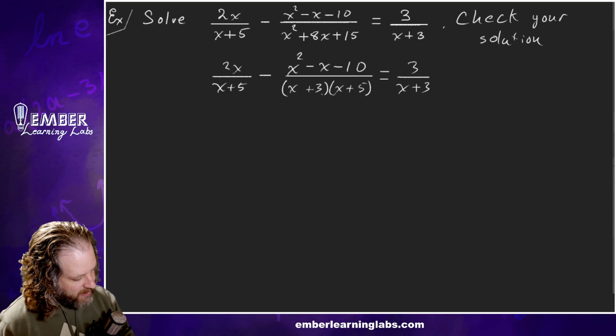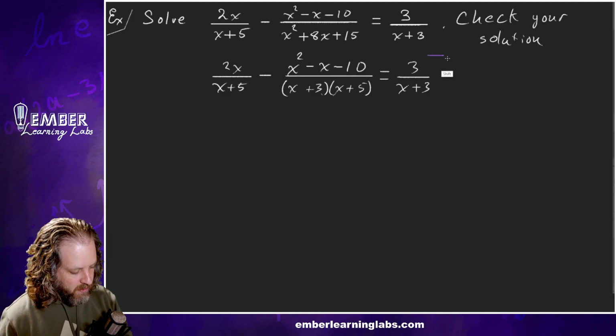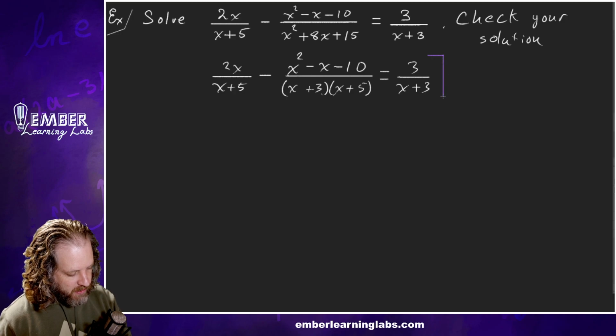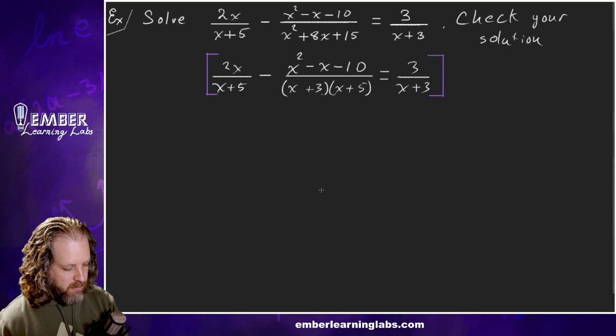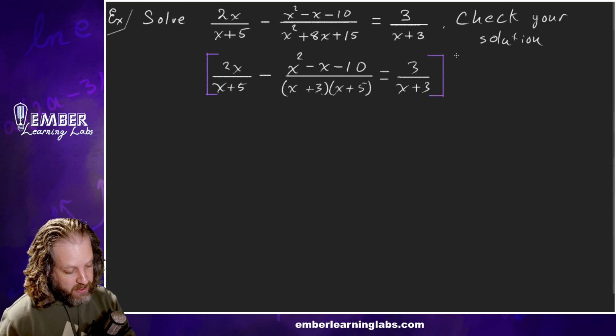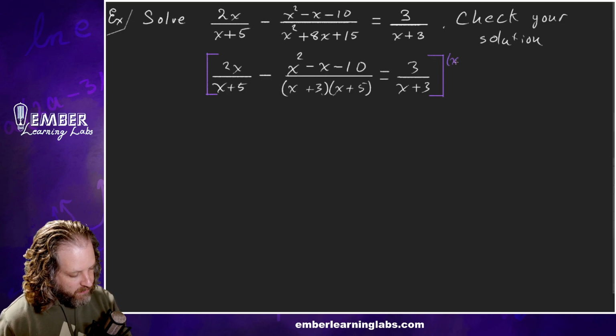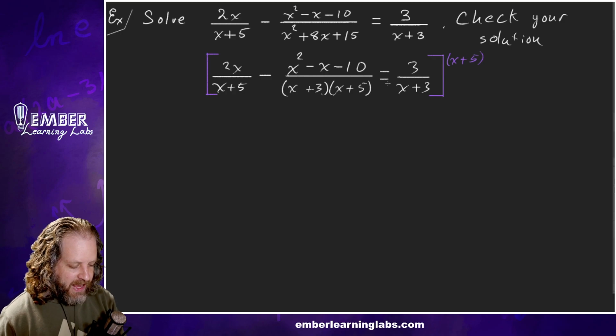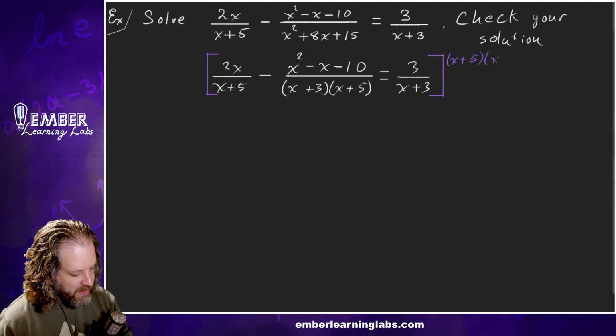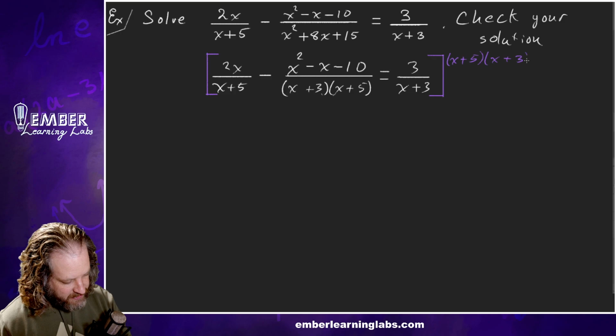So let's go ahead and write our least common multiple, least common denominator. We're just going to list all the things. Now, x plus 5 we're going to list from this one. This one already has an x plus 5, so we're just going to add the x plus 3. Now, I said this earlier.